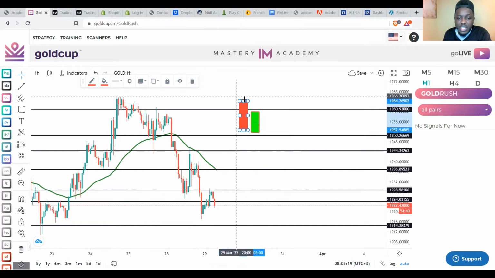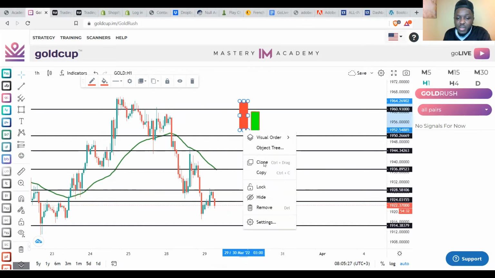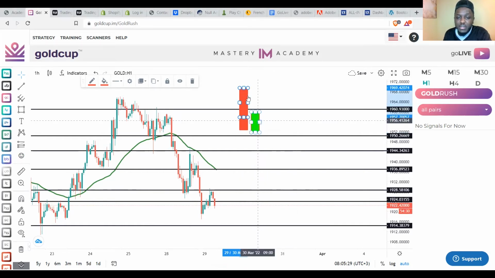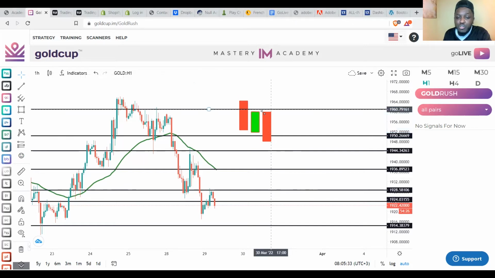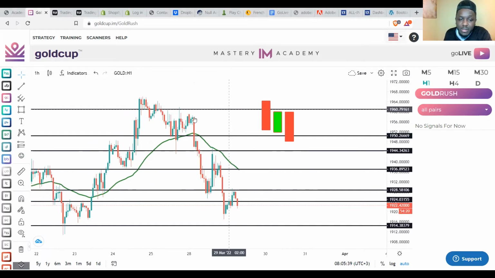So this one breaks, retests this support level here, and then you already know what to expect. If you know how to use the break and retest, then you know you should enter there for the sell. It's almost the same concept here with the moving average: a break, a retest, and the market keeps selling.